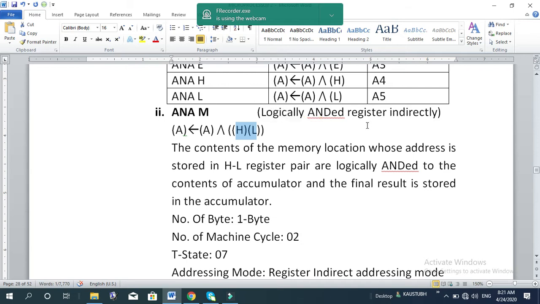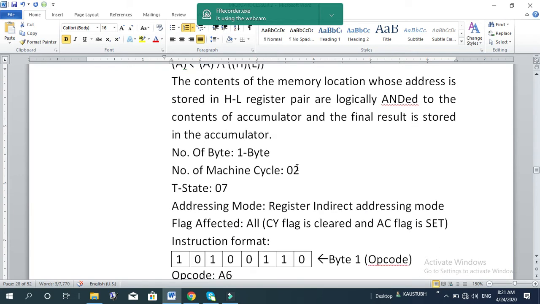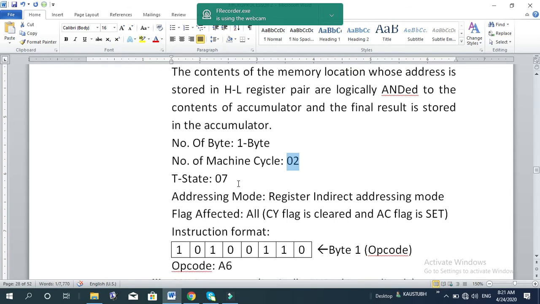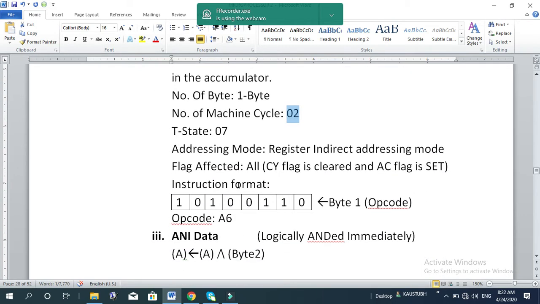The meaning is that the content of the memory location whose address is in the HL register pair is logically ANDed with the accumulator, and the result is placed into the accumulator. This is also a 1-byte instruction, but since the data is in the memory location whose address is in the HL register pair, the machine cycles are 2. The first machine cycle requires 4 clock periods, and the second is 3, a total of 7 states. The addressing mode is register indirect.